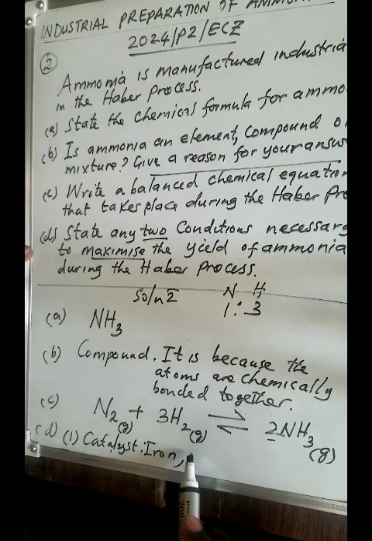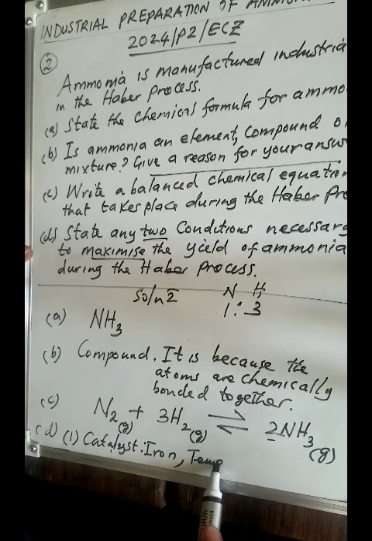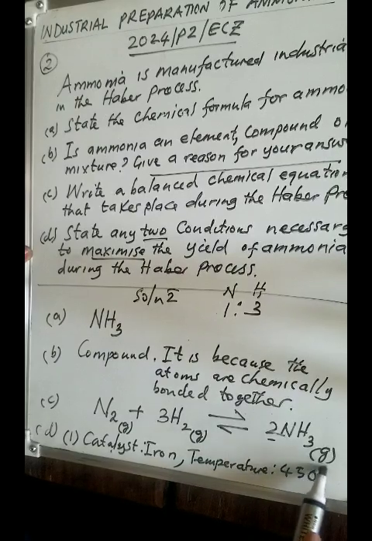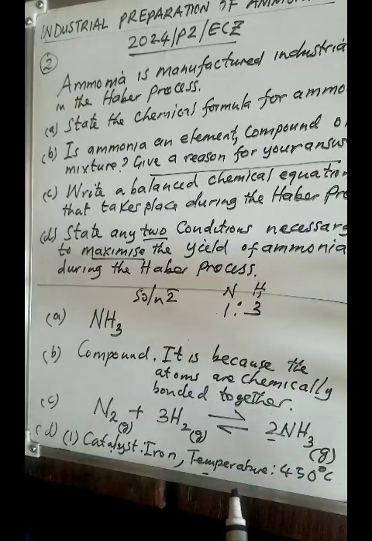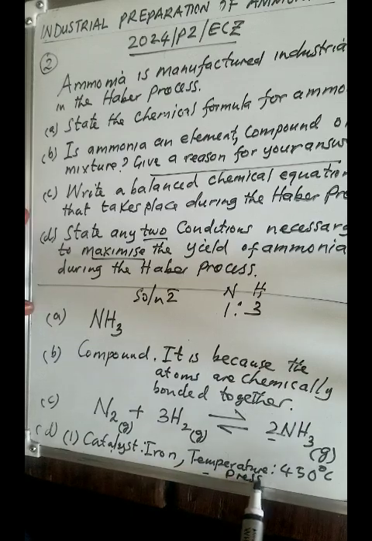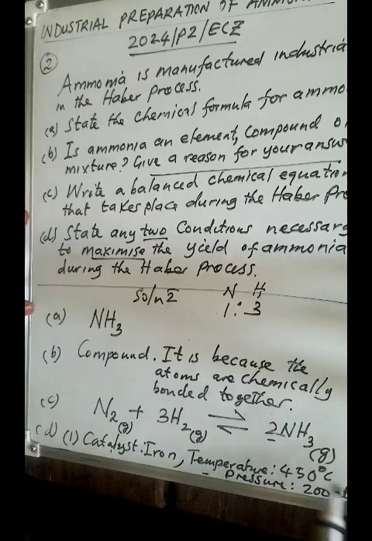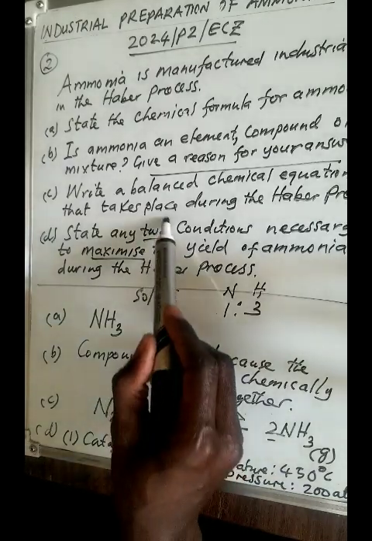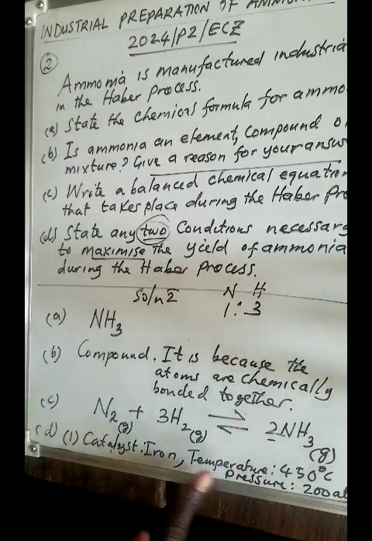If you want, you could have talked about temperature. You need a temperature of 450 degrees Celsius. And if you wanted, you would have talked about pressure. In this case, 200 atm. So that is what we mean. Remember, the question was saying any 2 conditions, so you could have taken any 2 conditions in this question.